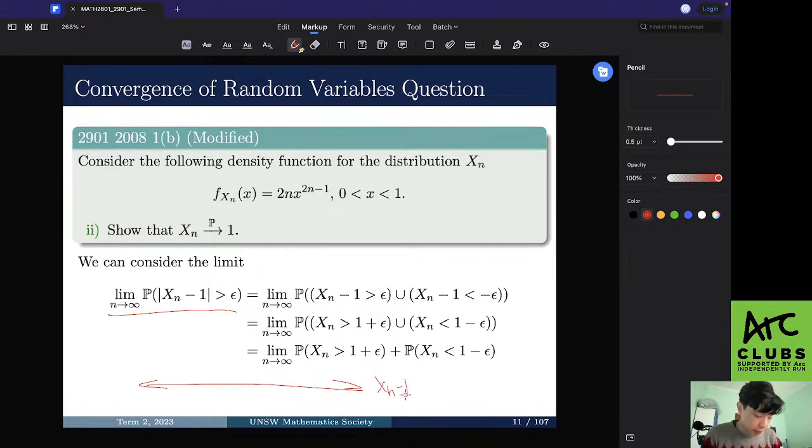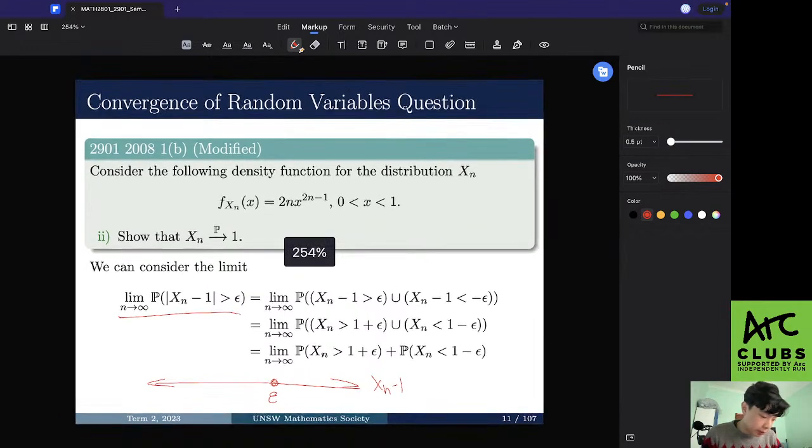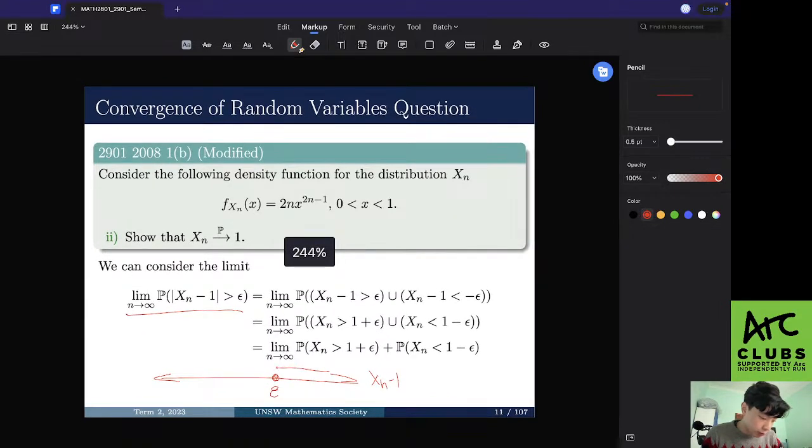So maybe xn minus 1 has this number line, we want to make sure that the absolute value is greater than epsilon, right? So maybe let's say this is epsilon. So if the absolute value is greater than epsilon, that means we have a value which is greater than epsilon.